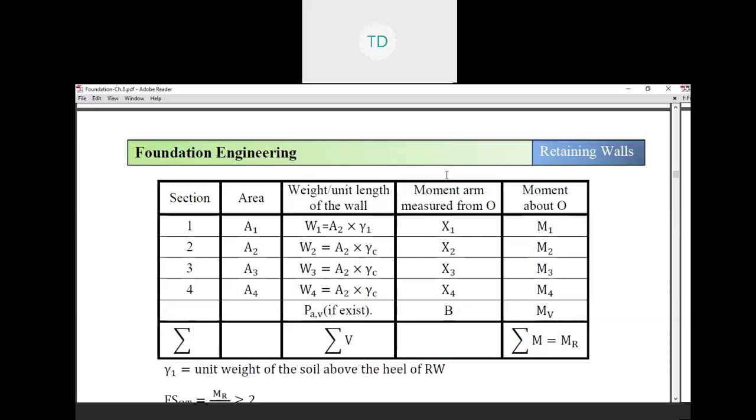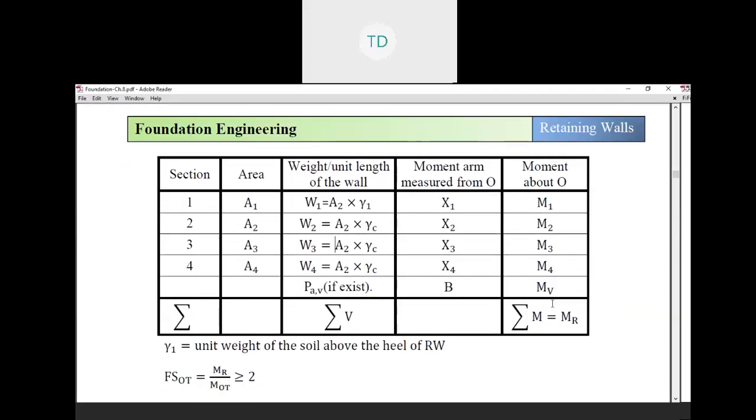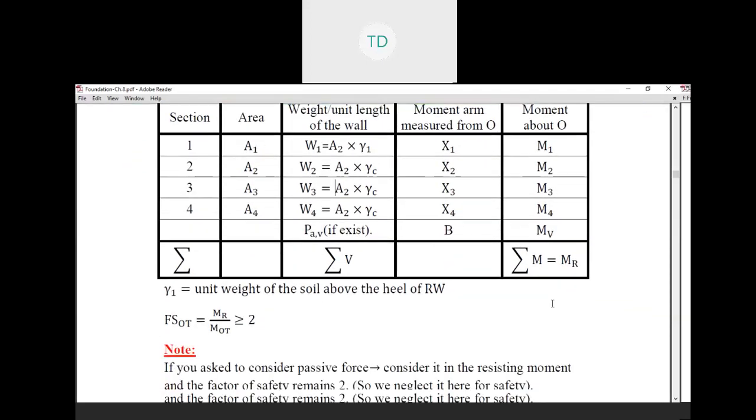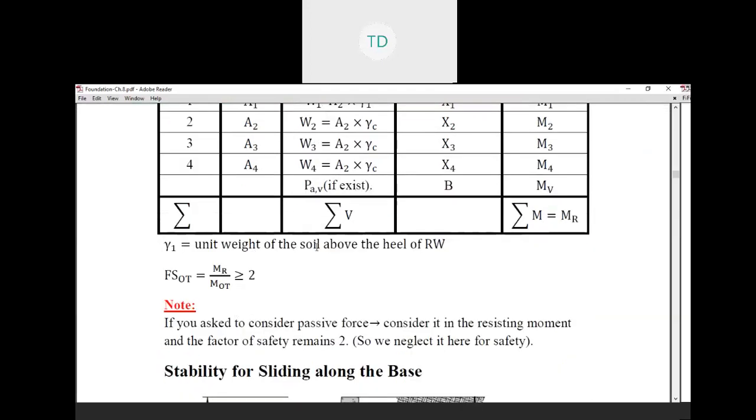Here the moment arms are measured from O as x1, x2, x3, x4 and the total B. Moments about O are M1, M2, M3, M4, and the summation of all the moments. Y1 is the unit weight of the soil above the heel of the retaining wall.